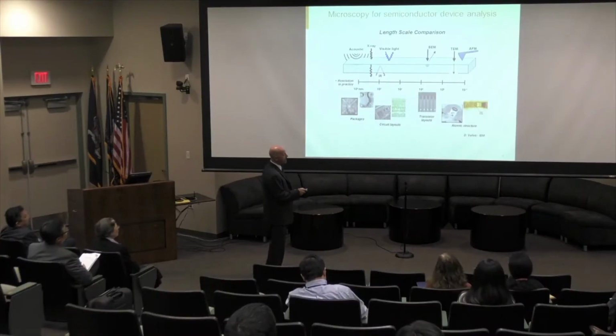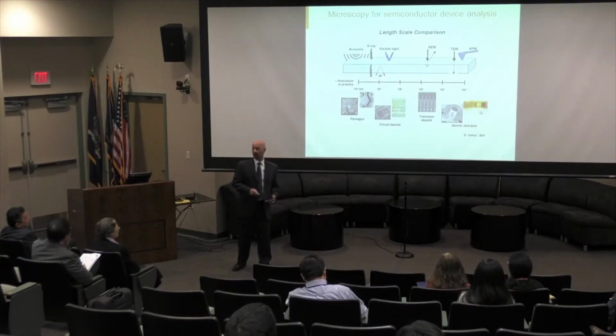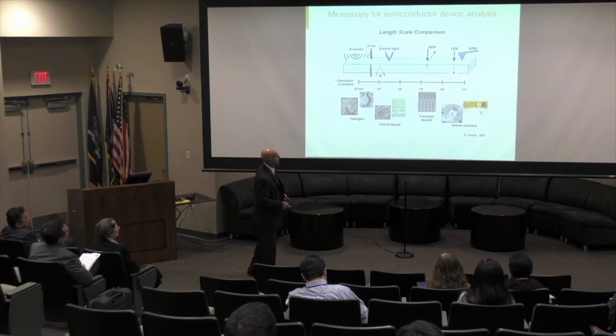For various reasons, with these other types of microscopy, SEM becomes difficult. I mean, it's progressed quite a bit, but still, in order to get down to the scales that we're at now, we need to rely on the scan probe techniques and TEM.